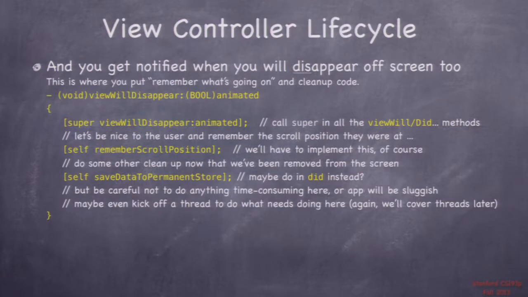You're not on screen, stop it. You'll get willAppear when you go back and you can sync back up to the world, but after you disappear, you kind of want to lay low, in terms of memory usage and certainly CPU. You don't want to be using CPU. So this is a good place to do stuff like that, and to maybe remember state that you're going to restore in willAppear again, whatever, kind of what you might think.